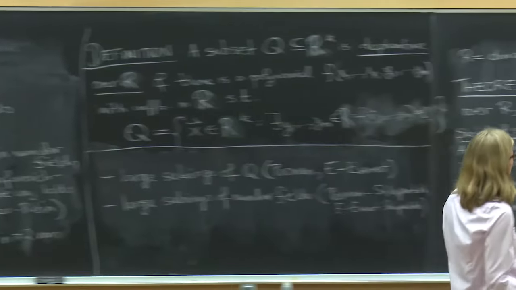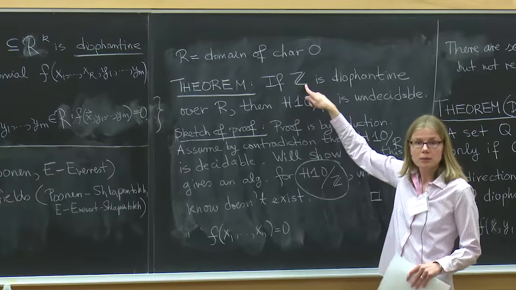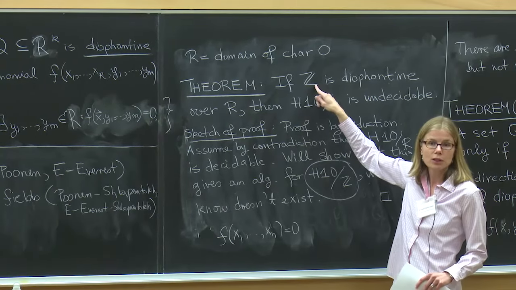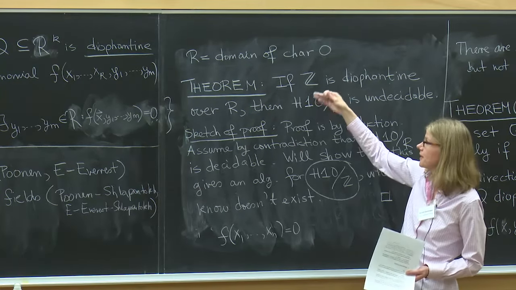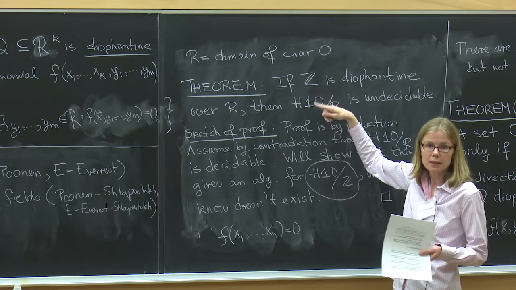No, you can replace Z by any ring over which Hilbert's 10th problem is undecidable. There are some other rings also where it was more useful, like where I used an argument in which I defined some quadratic extension of Z inside the ring.